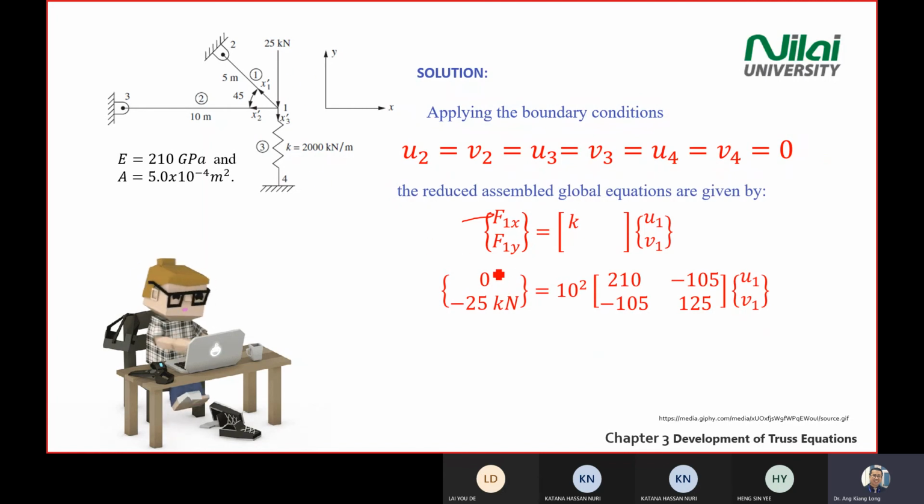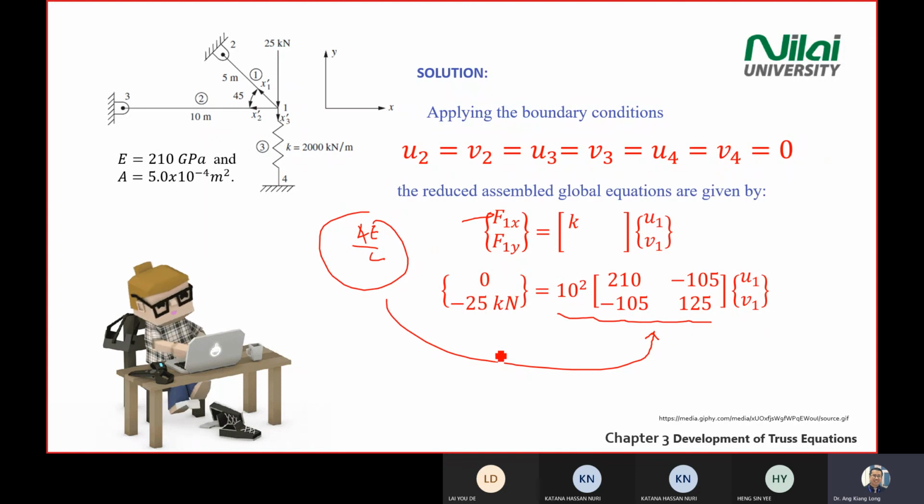So there's no external force in x direction, but there's a y with a negative sign there. It's going down. And then you put in the AE over L here. Then you times the U1, V1. So you have two equations here, two unknowns. So you're able to find them.